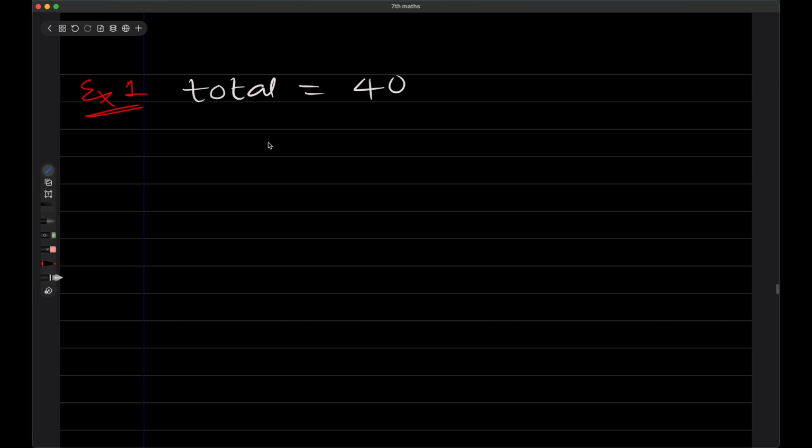The number of students that like English is 1/5 of the total.